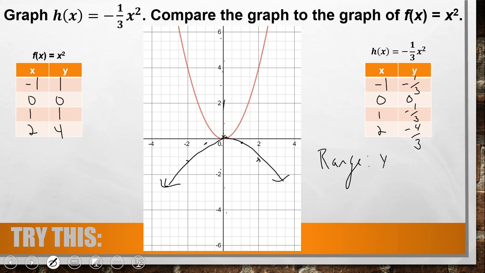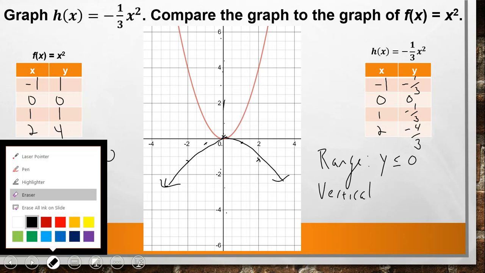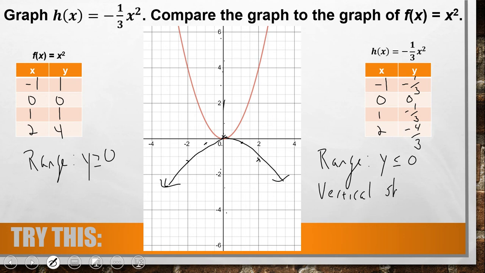Your range here is y is less than or equal to 0, and your range for your parent function is y is greater than or equal to 0. Domains are the same. This would be a vertical stretch. Oops, sorry, not a stretch, a shrink this time, as well as a reflection, because we flipped our graph.